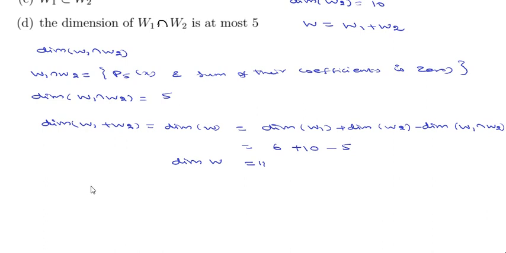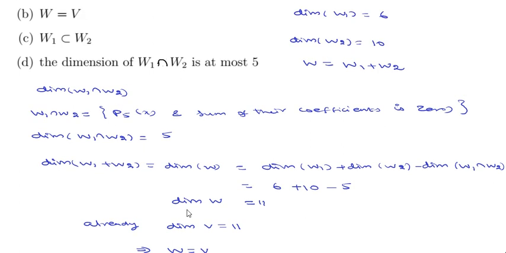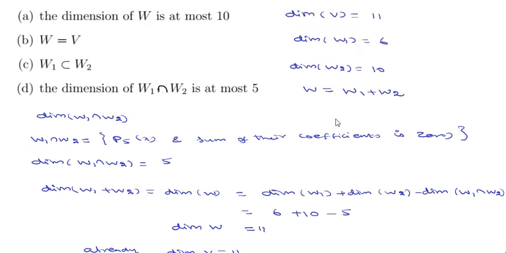Already dimension of V is 11. Since W and V are finite dimensional vector spaces, from this we can conclude that W is equal to V. Therefore, the second option is correct.